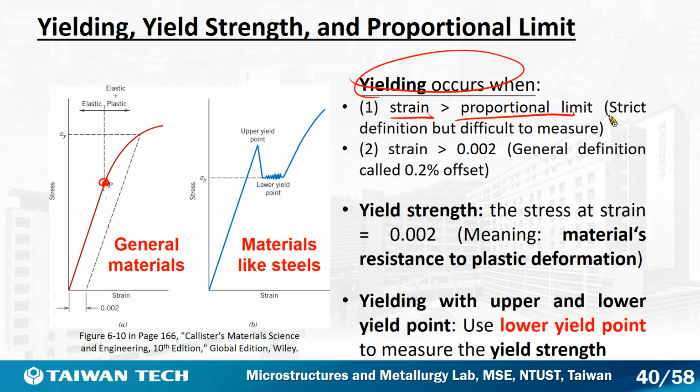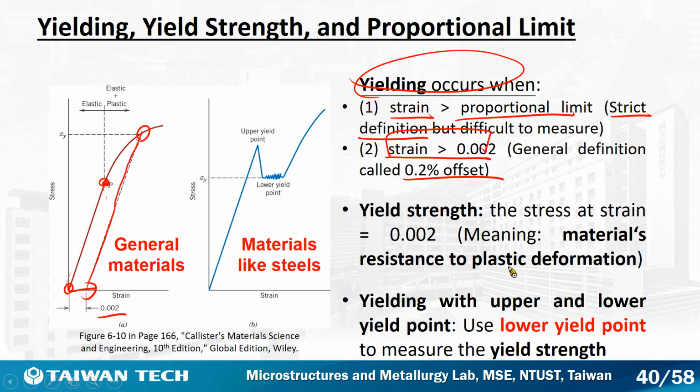However, this is the strict definition, but this point is difficult to measure. So in general, we will use this method, which we call the 0.2% offset. The method is we first go from 0 to 0.2%, that is 0.002, and then draw a line parallel to this one. Then we meet the curve.